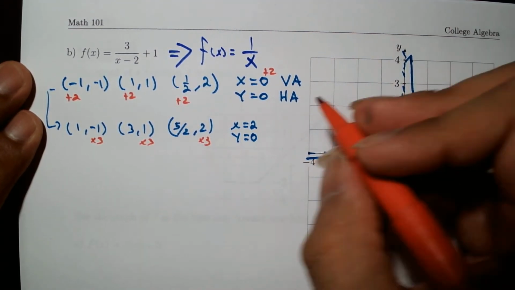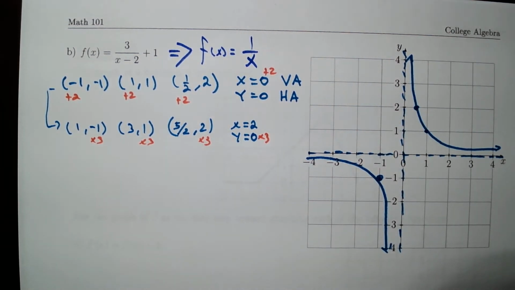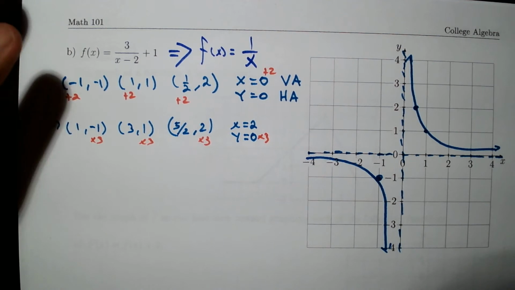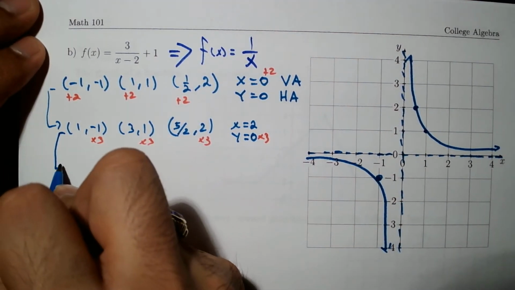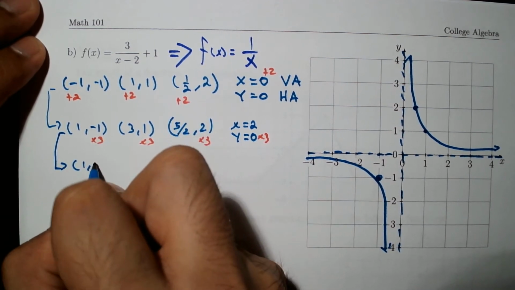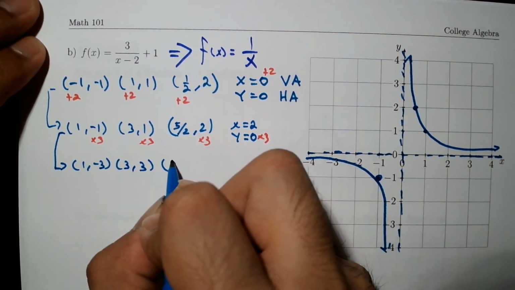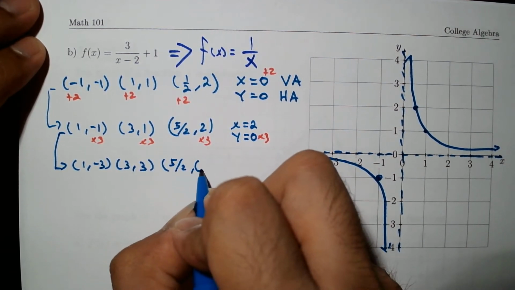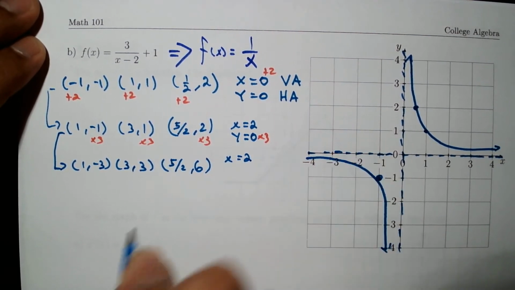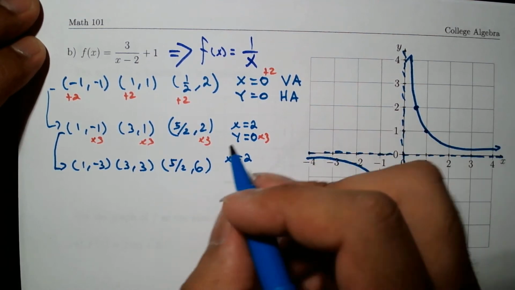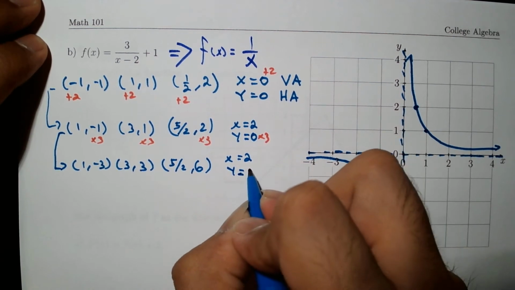We also multiply the number which describes the horizontal asymptote by 3, but 0 times 3 is just 0. So I'm going to have (1, -3), (3, 3), and (5/2, 6). The vertical asymptote x equals 2 remains the same, and y equals 0 times 3 remains 0.